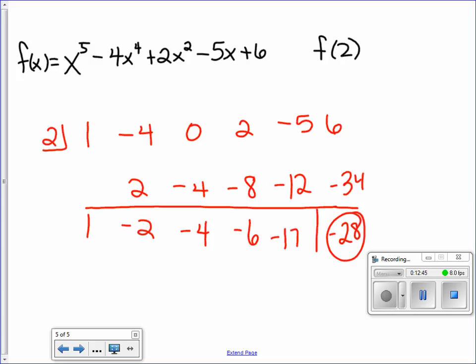It's called the remainder theorem. It just says that when you put this number in and run it through synthetic division, the remainder is the value of the function at that particular number. The remainder theorem. Okay? I'm going to give you one to try.